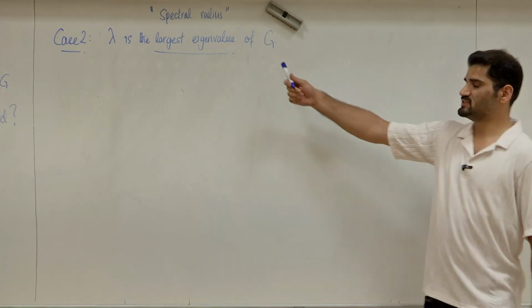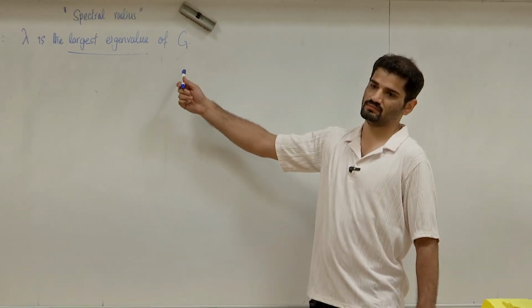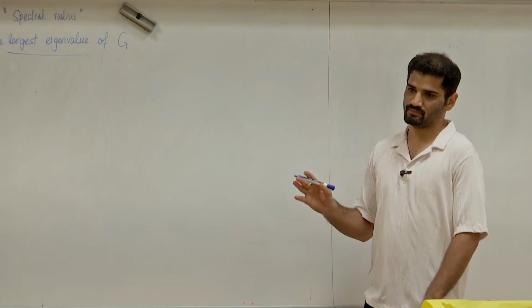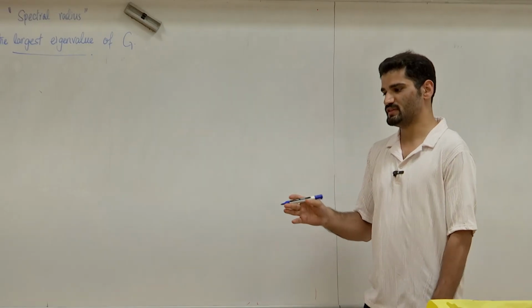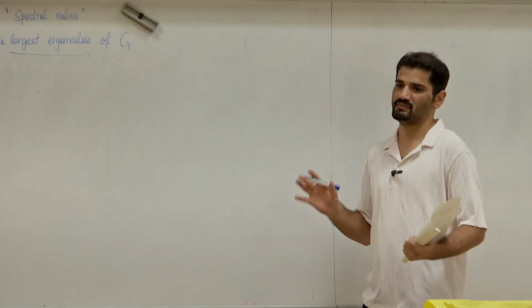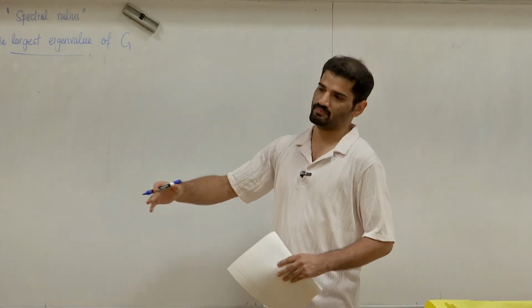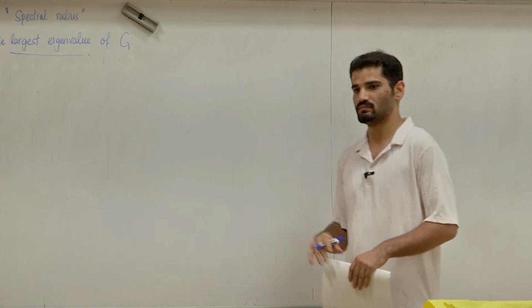But this is a positive matrix. It is not positive semi-definite, it's entry-wise positive, which means by Perron Frobenius, it's not really Perron Frobenius because it could be 0, but roughly by Perron Frobenius, the largest eigenvalue will be the positive one.